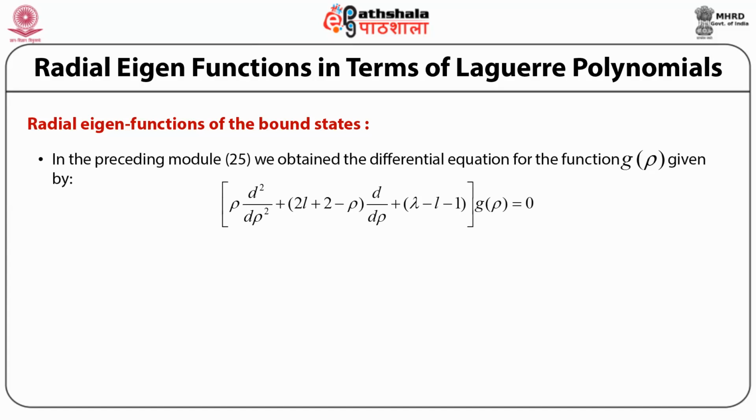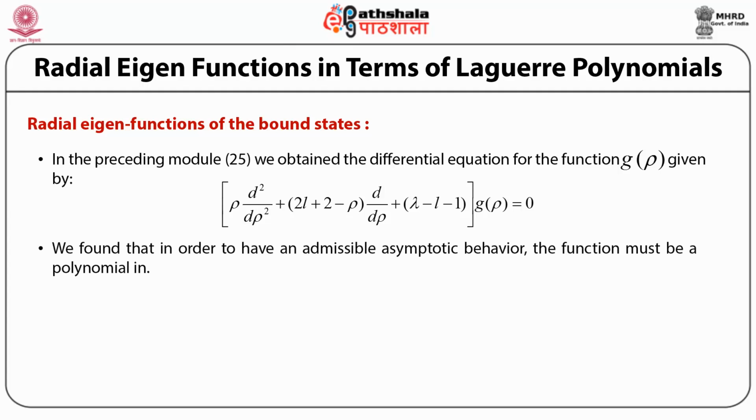In the preceding module, we obtained the differential equation for the function g(rho), which is given by rho d^2g/d rho^2 plus (2l plus 2 minus rho) dg/d rho plus (lambda minus l minus 1) g(rho) equal to 0.